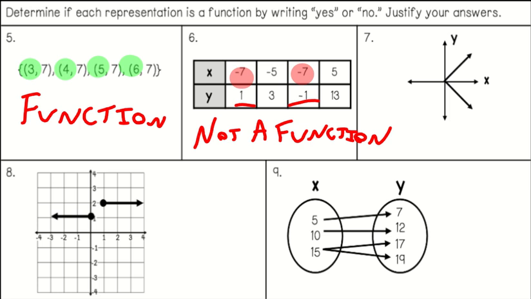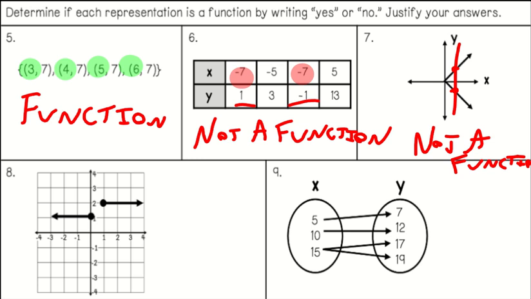Number 7, Hunter. Not a function. If I draw a vertical line, see how it crosses right there and right there. Oh, I didn't leave myself enough room. All right, number 8, Nick.